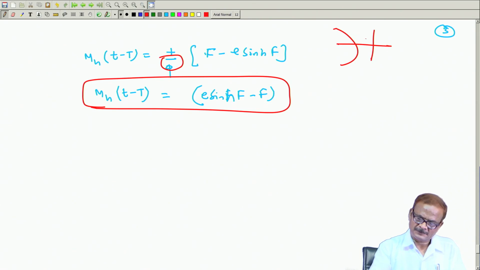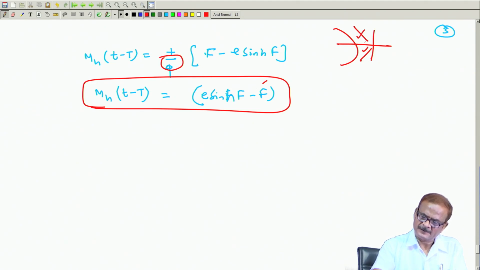If this f is defined in terms of area, which is my next topic to discuss, then the area below this is negative and the area upside that will be positive. And accordingly this hyperbolic mean anomaly will be positive or negative, corresponding to the quantity f that we are writing here.